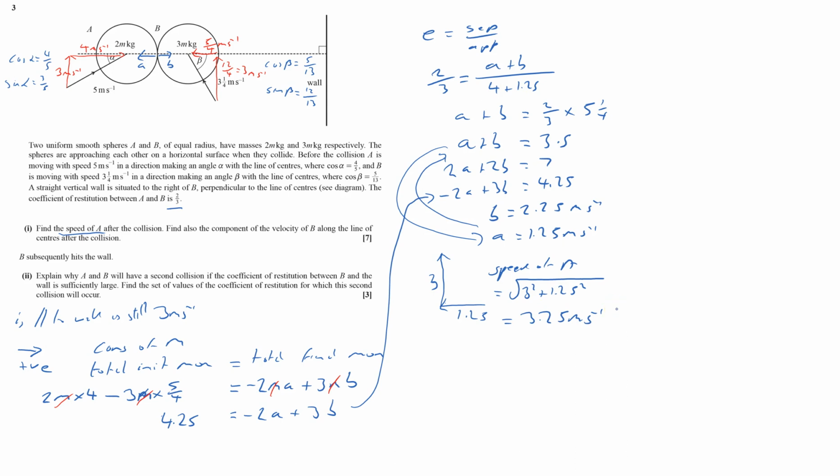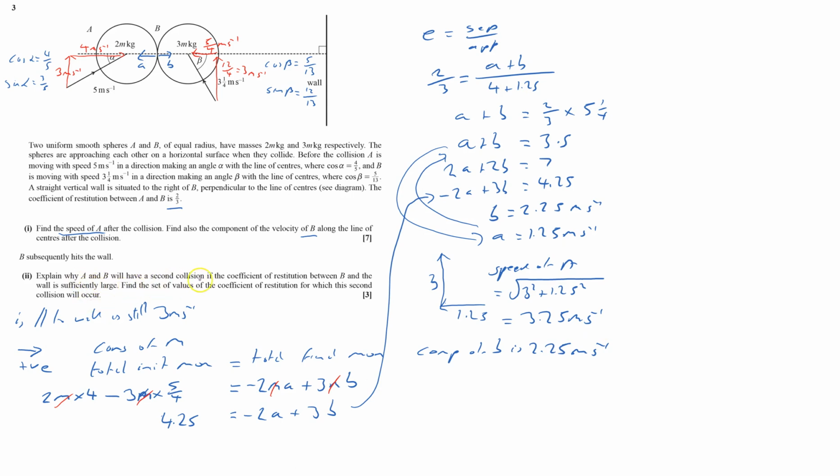And that does that bit. Find also the component of the velocity of B along the line of centres. Well, I've done that. Component of B is 2.25 meters per second. So I've already done that bit. That's 7 marks. That's okay.